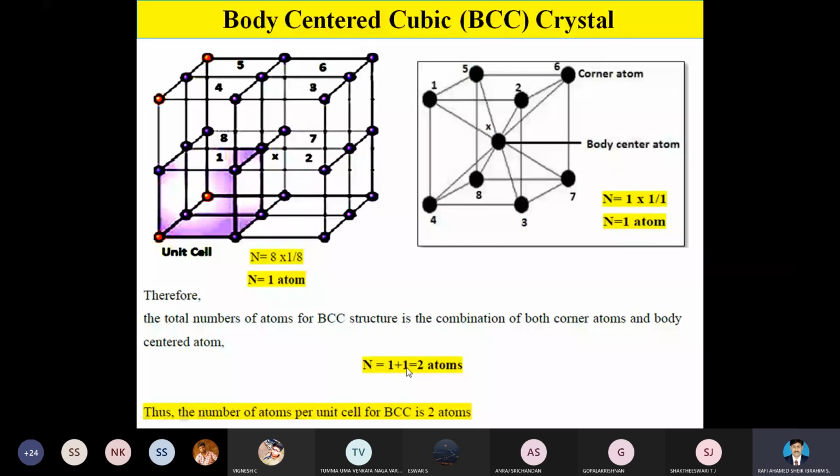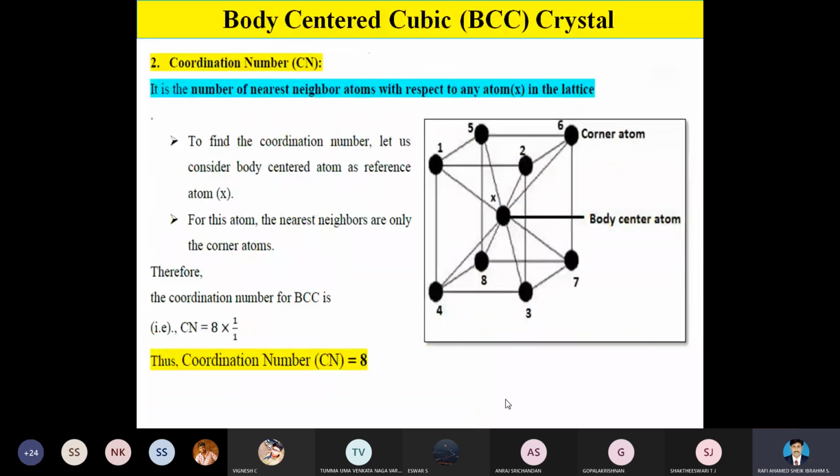This 1 plus 1 is nothing but 1 from the corner and another one from the body centered. So we have 2 atoms. Therefore, we can conclude that the number of atoms per unit cell for BCC is 2 atoms. This is the first parameter.